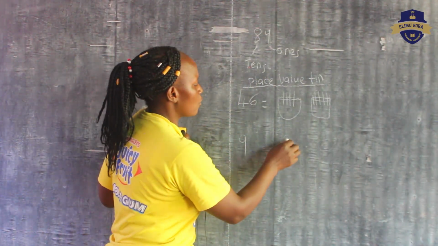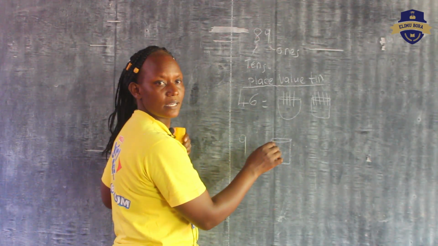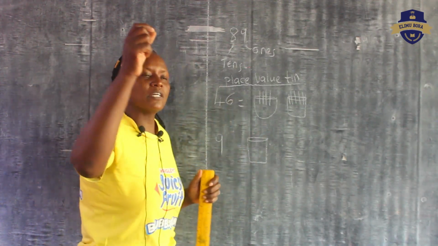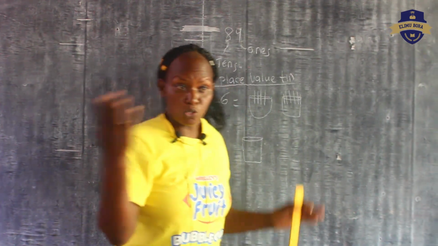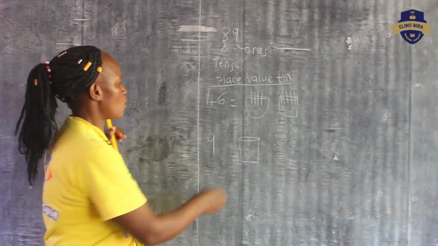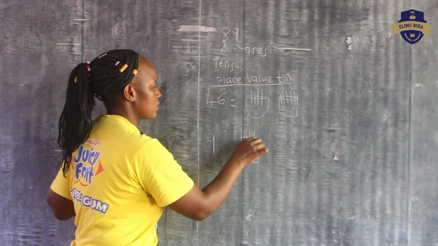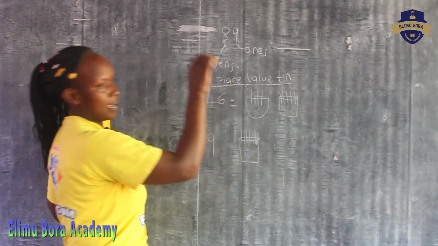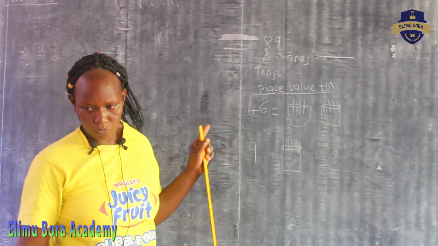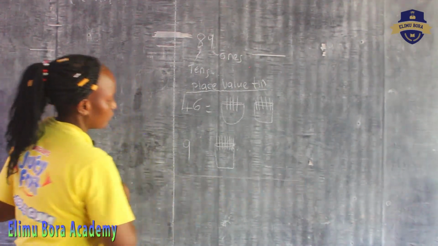So here we draw our tin like that, and we draw 9 sticks, which are in the place value of ones, because we don't have tens. 1, 2, 3, 4, 5, 6, 7, 8, 9. They are enough. Samir, you have to listen to the teacher. I'm done.